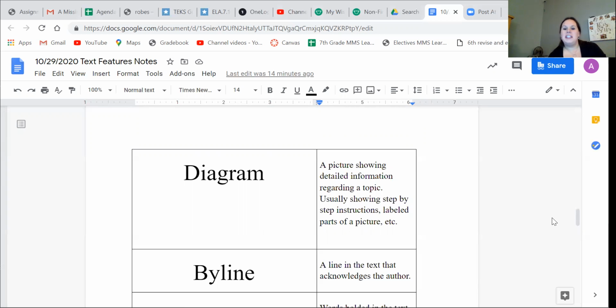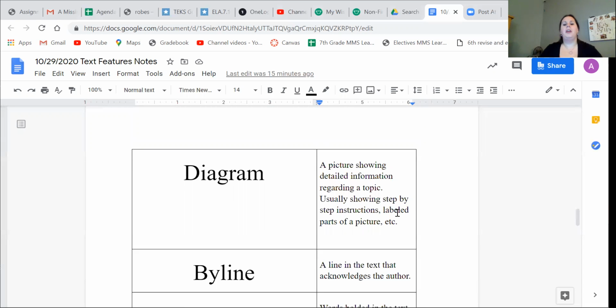And it's going to have detailed information regarding a particular topic. So think of when you were reading about the cells with Mr. Maxwell, a picture of a cell, then that is labeled, that is a diagram. So a diagram is going to have labeled parts of the picture. Okay, so what part of the cell is which part? That's what your diagram is for.